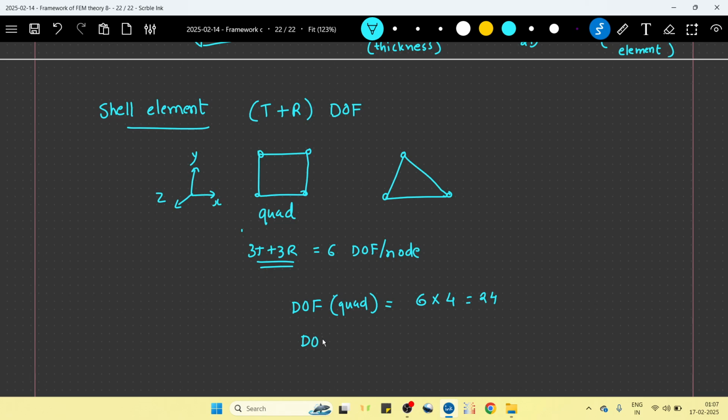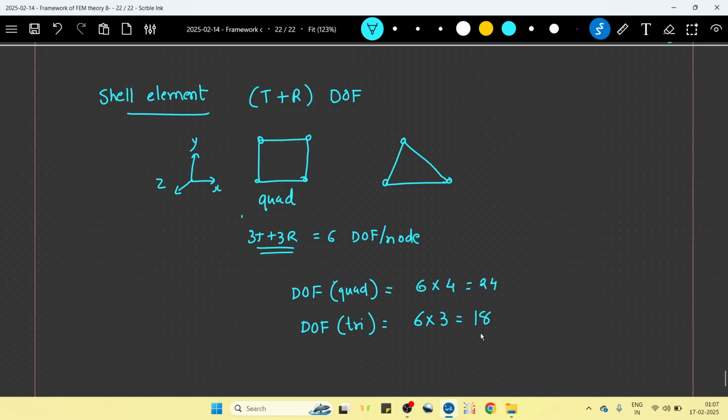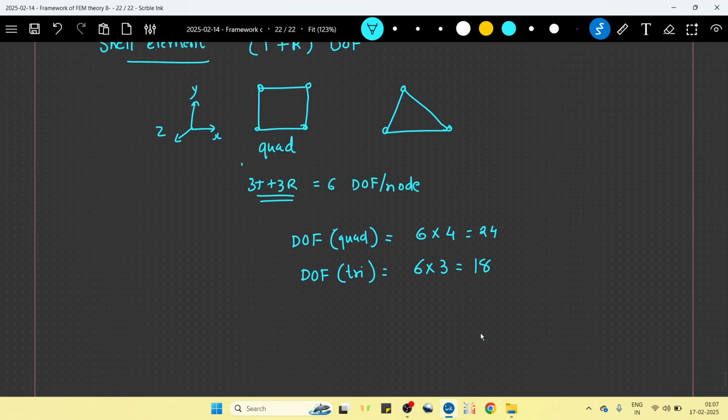Similarly, the degree of freedom per element of a tria shell is equal to 6 into 3, 18. So this is the shell element, and other 2D elements are 2D shell and 2D solid element.